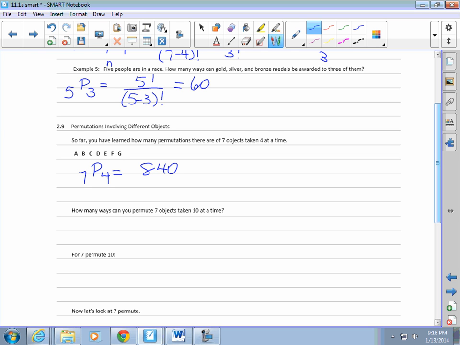So for 7 permute 10, that would look like 7P10. And if you did this, writing it out, you'd have 7 factorial over 7 minus 10 factorial, which would equal 7 factorial over negative 3 factorial. Now in your calculators, if you tried to do negative 3 factorial, you'll get an error because you can't do the factorial of negative values.